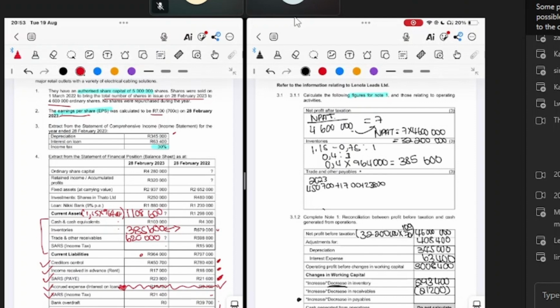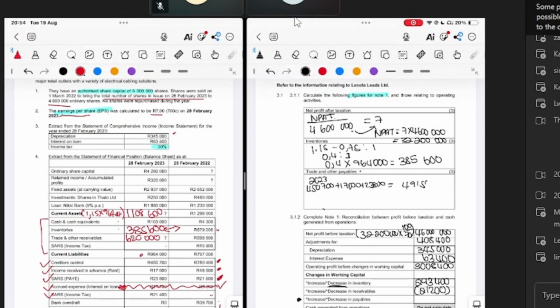Your SARS income tax is also not included because we are going to calculate taxation paid. This is net profit before tax, so tax has not already been included.